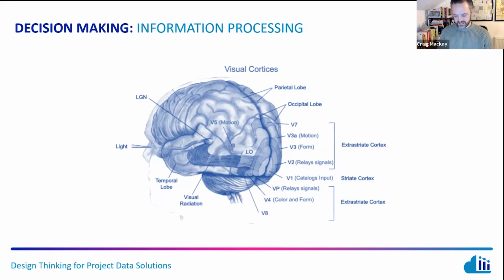We process shapes, colors faster than we process text and data, because that's how we evolved. So our visual cortex is built to process visual objects much faster than text and data. So we're visual beasts by nature. So that's one of the first challenges we're going to come to: how do we process information.